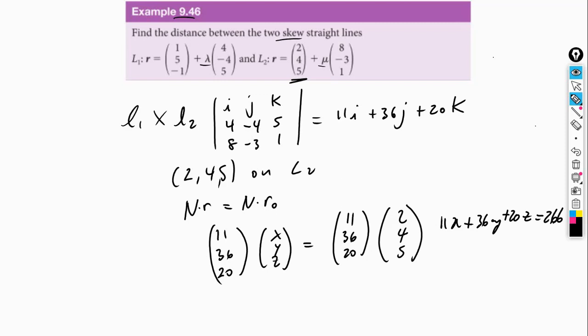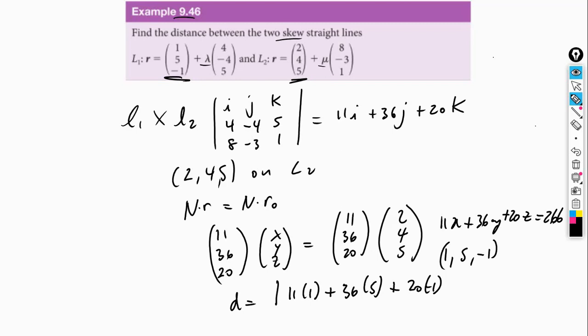So the distance between the point 1, 5, negative 1, which is on line 1, as we can see here, and the plane that we just found is going to be d equals the absolute value of 11 times 1 plus 36 times 5 plus 20 times negative 1 minus 266, and this over the square root of 11 squared plus 36 squared plus 20 squared.